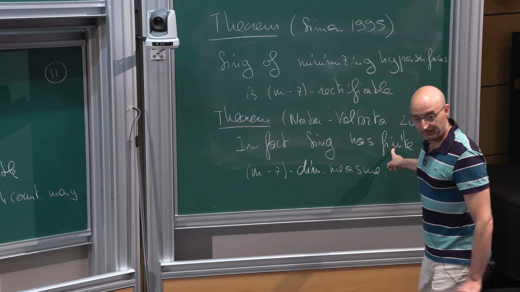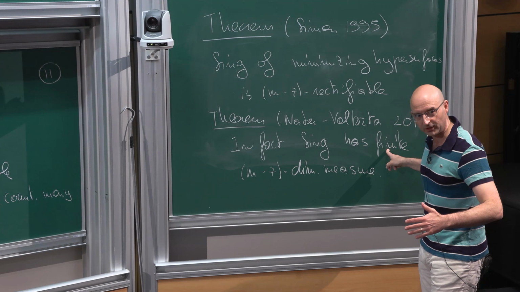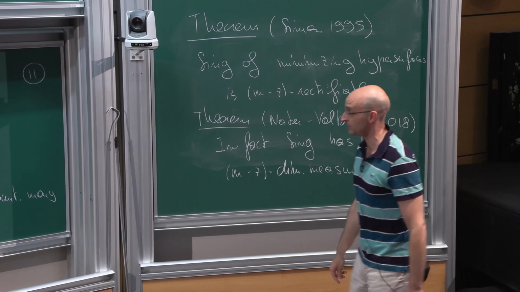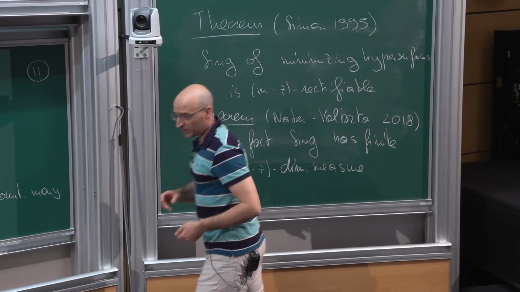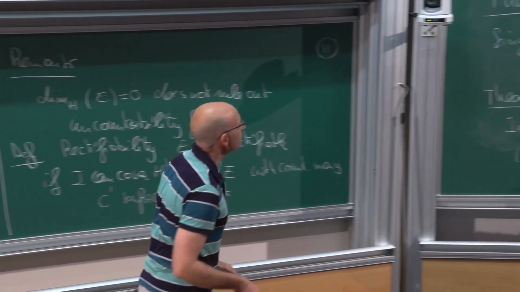But in fact, there's a theorem by Hardt and Simon that tells you that the surface is completely smooth at the boundary. So singularities are not clustering towards that. So it really has finite m-7 dimensional measure. And this theorem over here comes with a little added bonus, which I will explain in about 5 minutes.